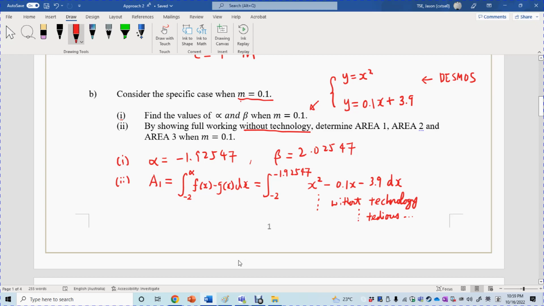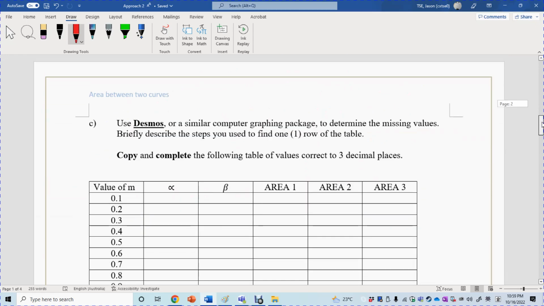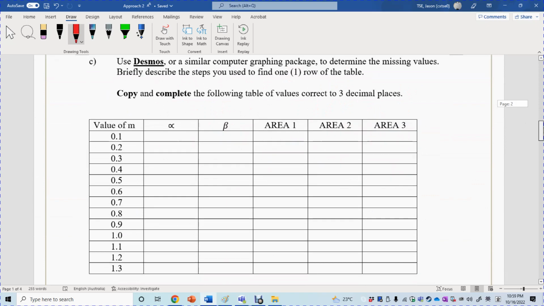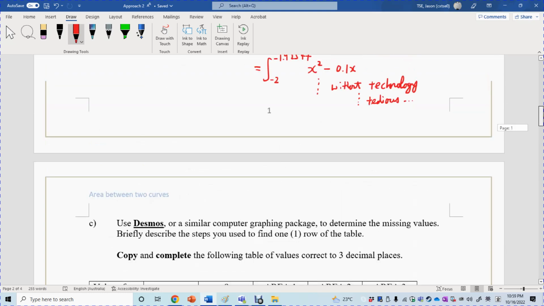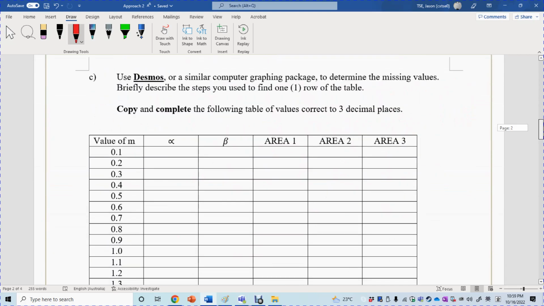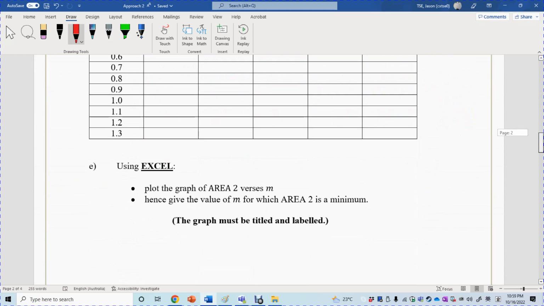In part 3, I'm going to have a generalization for all the values of m from 0.1 to 1.3. Then we will see the different values of alpha, beta, and areas 1, 2 and 3. You can get all the values into a table, and with that table you can do one extra thing.